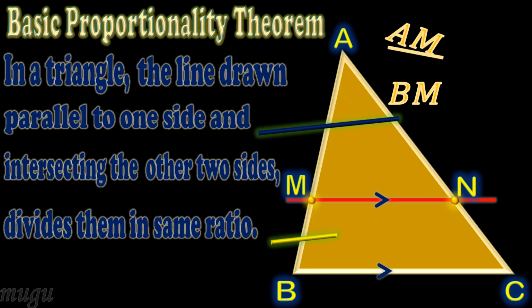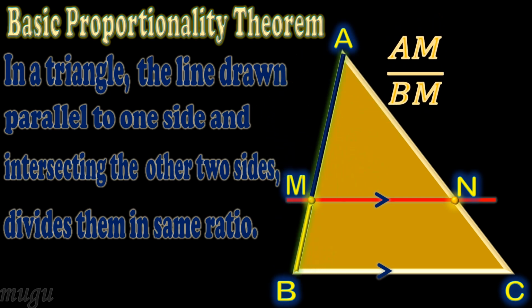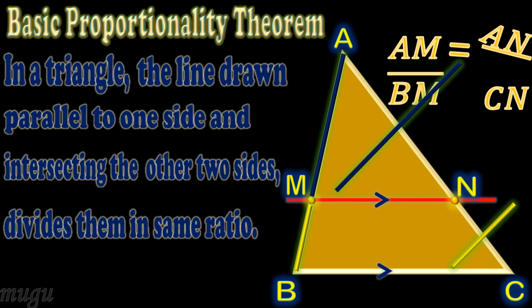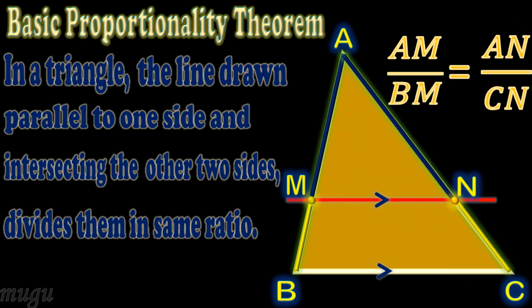The same line MN divides AC into two line segments, AN and NC, so that becomes the second ratio, AN by NC. So these two ratios are equal. That is what the theorem says, and we have to prove that.